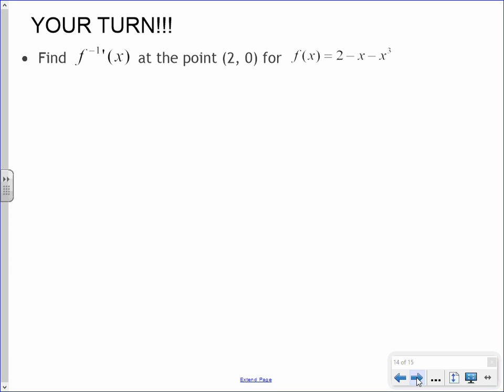We're actually finding, when I say f inverse prime of x, yes, just negative 1.